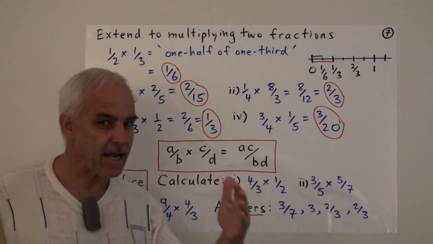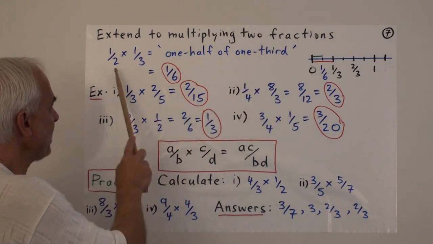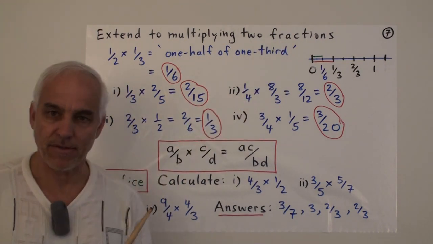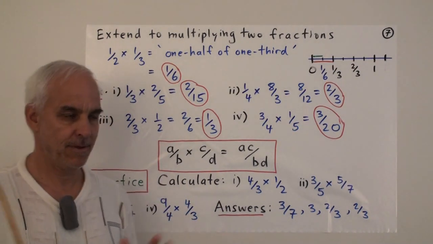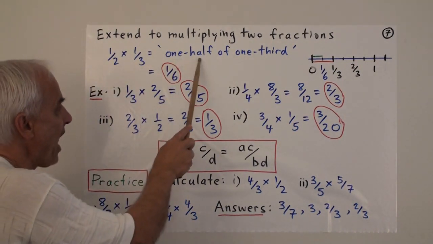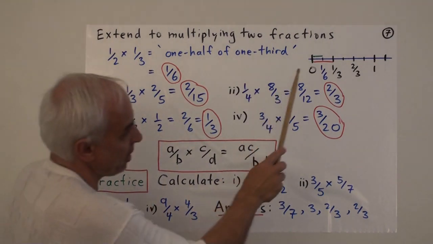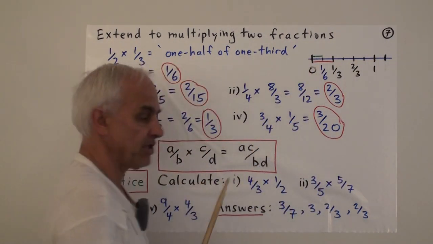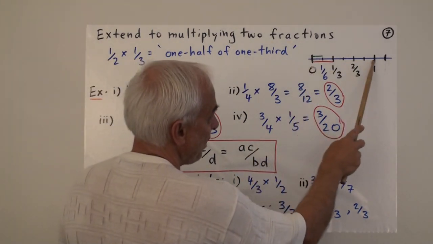Okay, so let's extend that to multiplying two fractions. For example, 1/2 times 1/3. How should we think about that? Well, it should be 1/2 of 1/3. On our number line, which is where we like to think of everything happening, here's the interval 0 to 1.